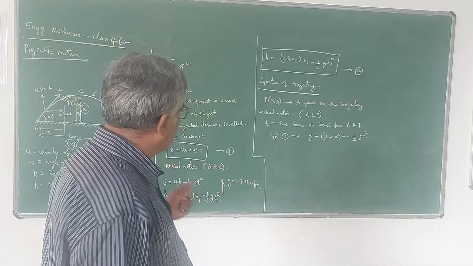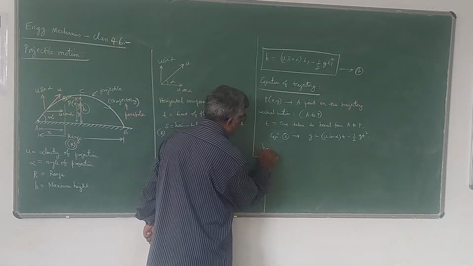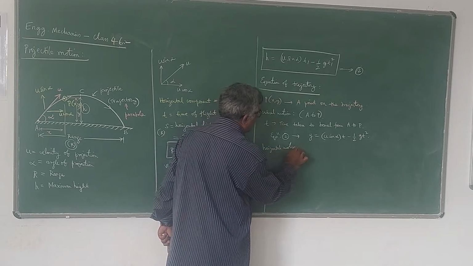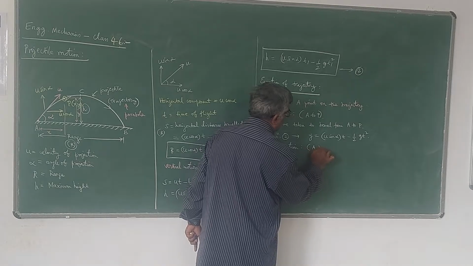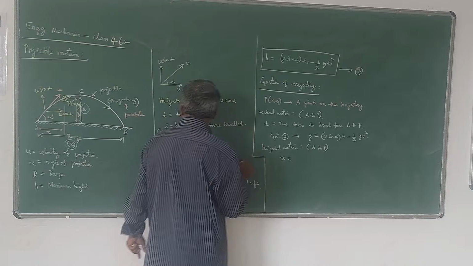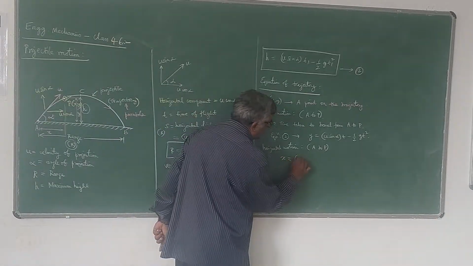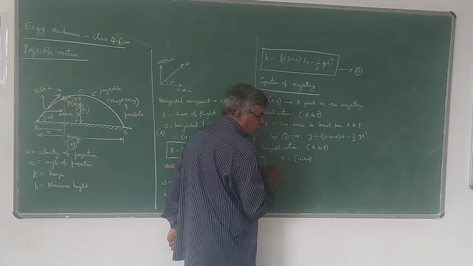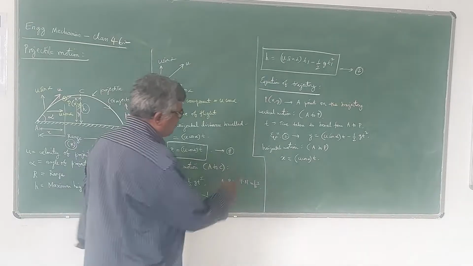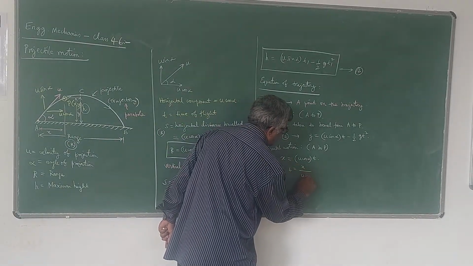Now, if I take the horizontal motion from A to P, the distance travelled will be x. x is the horizontal distance travelled from A to P. Velocity is u cos alpha, the horizontal component of velocity, into the same time t. From this, t will be equal to x divided by u cos alpha.